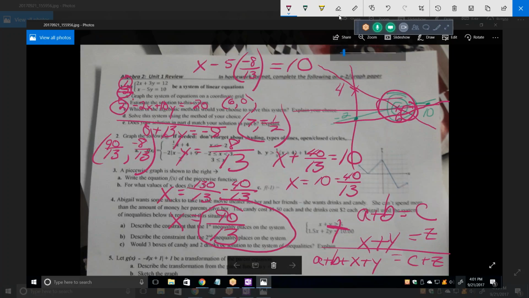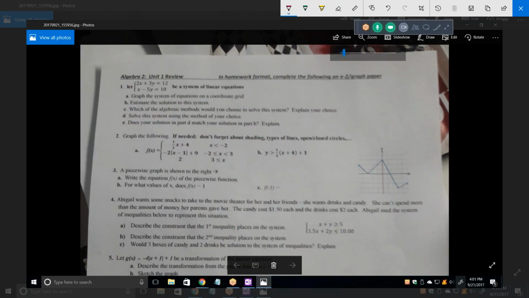Notice though, it actually does not match because it's too hard to read the exact number on a grid. I can't even imagine a coordinate grid where I would have been able to figure out where 90/13 was, or where -8/13 was.